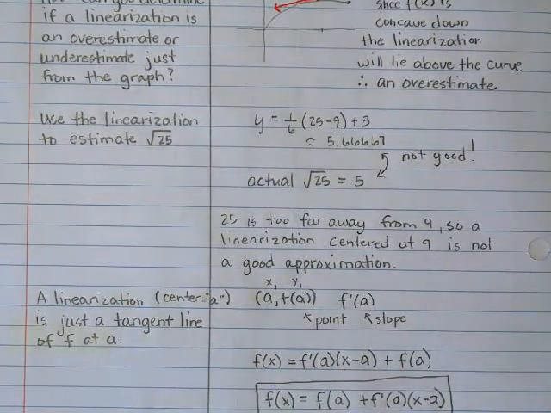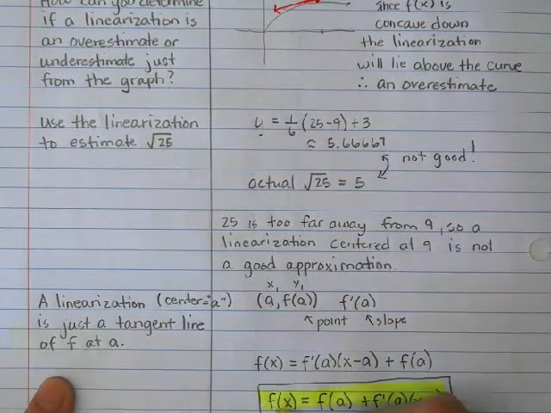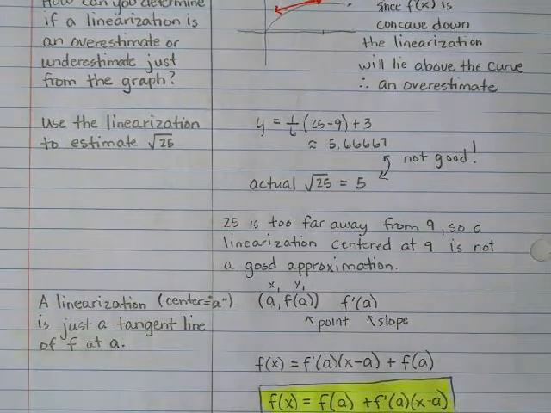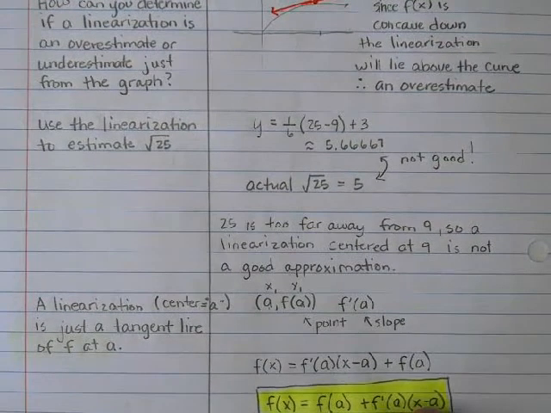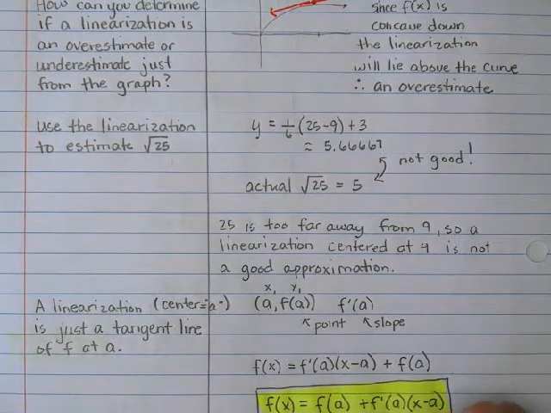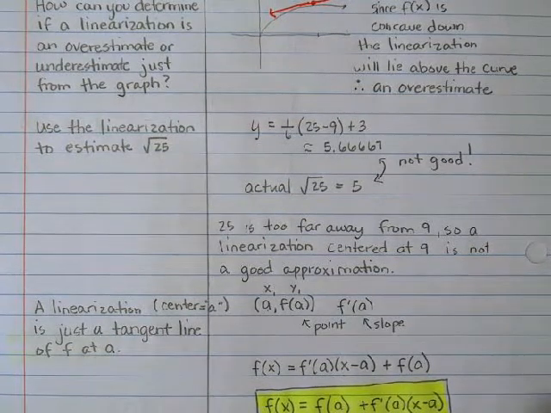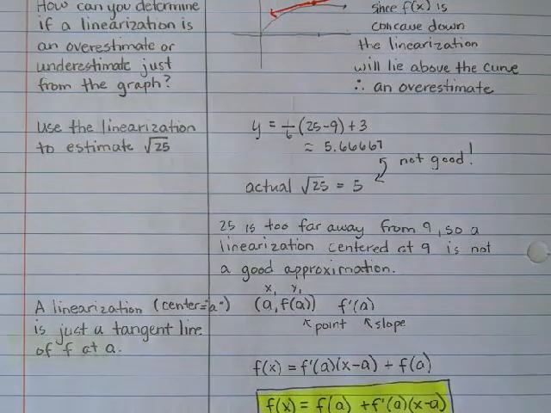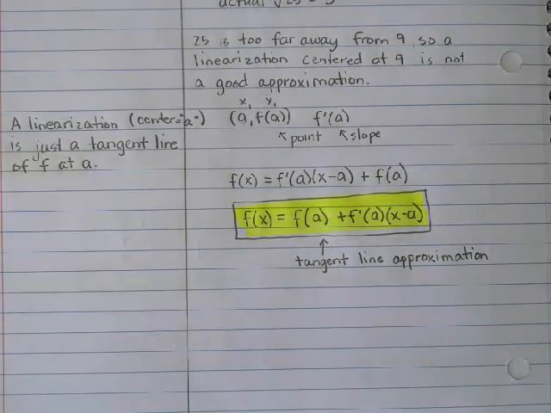And I want you just to say, okay, that's the equation of the tangent line at the point A. So this is the tangent line approximation. Sometimes you'll hear it like that. It's just the regular tangent line. Nothing different there. All right, we will stop there.